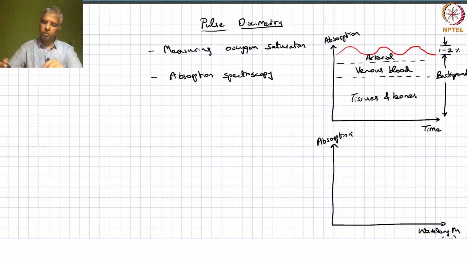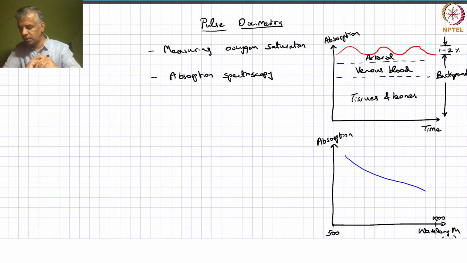If you look at the non-oxygenated hemoglobin, that would look something like this across this wavelength, which could be from 500 nanometers to about say 1000 nanometers. It might look like this.